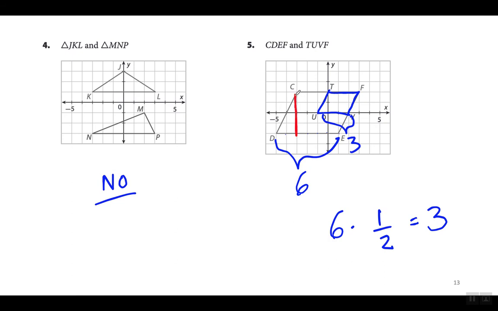So I could just look at this line and compare it to this line right here of this smaller parallelogram. The height of this parallelogram is 4, and the height of this parallelogram is 2. So obviously that one's also being multiplied by 1/2. So yes, they're similar, and the scale factor equals 1/2.